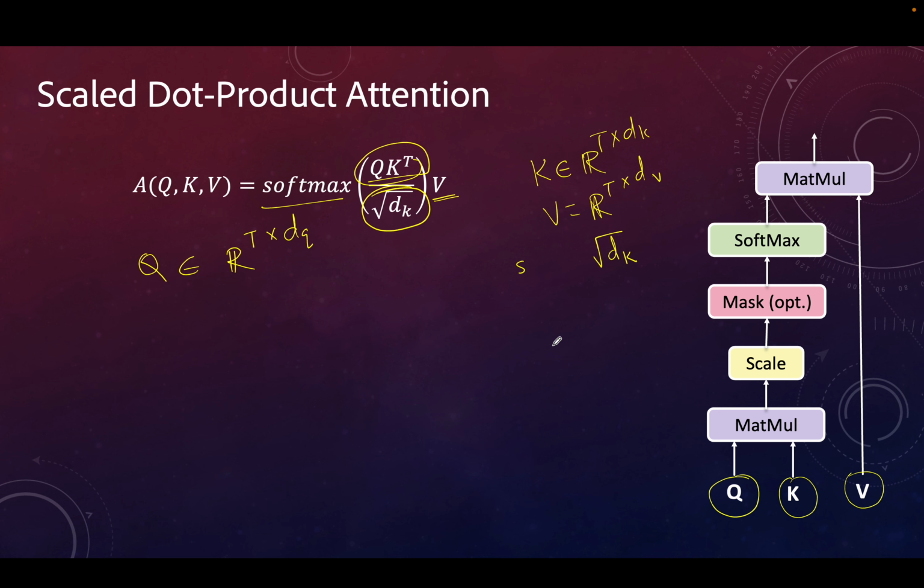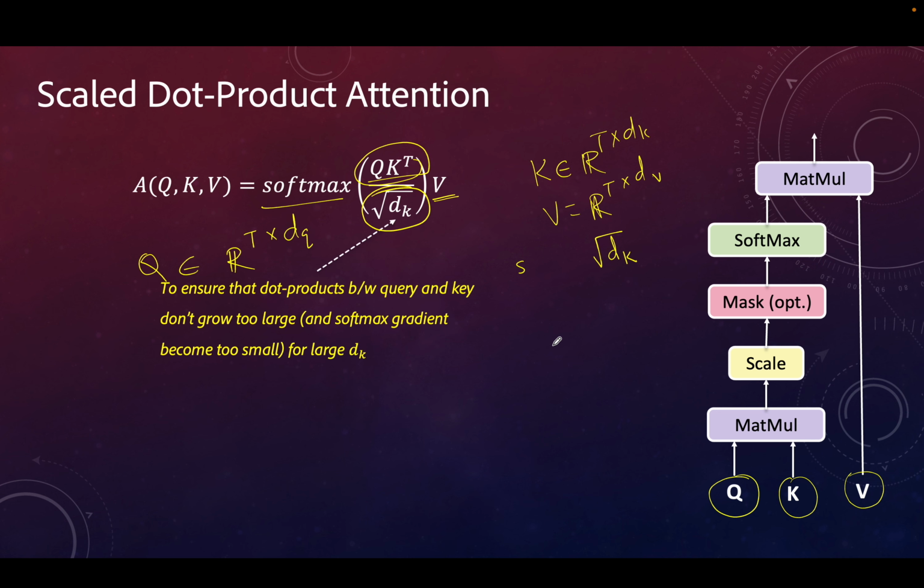So why are we doing it? We are doing it to ensure that dot products between query and key don't grow too large, and the softmax gradient doesn't become too small for large dk. Softmax, if you remember, is a kind of generalization of the sigmoid.